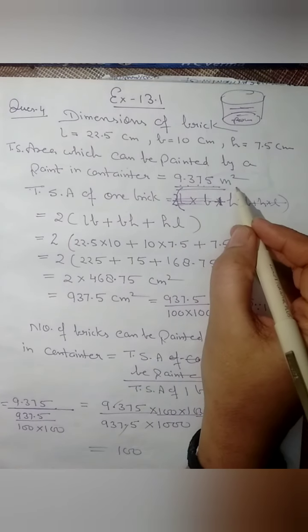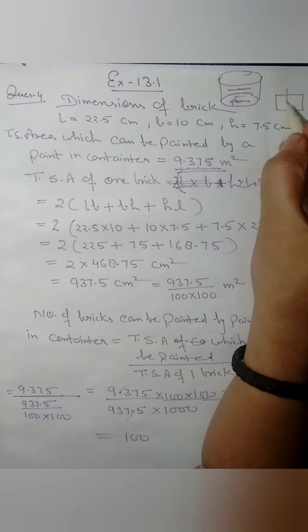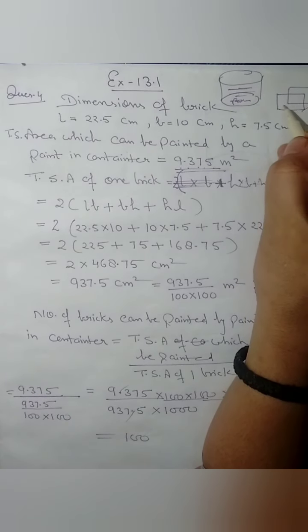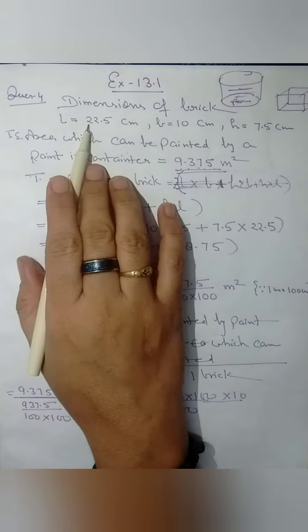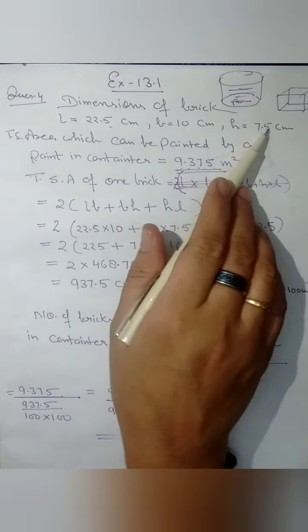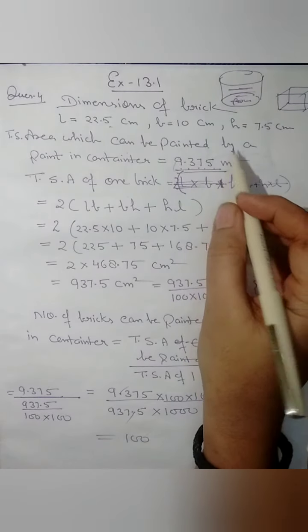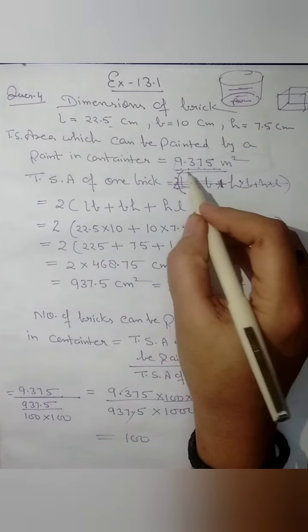The paint in this container can paint the area equal to 9.375 meters square, and you have to tell how many bricks of given dimension, length 22.5, breadth 10 and height 7.5 centimeter can be painted from this paint.